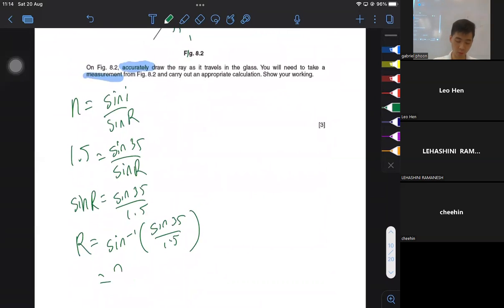Yeah, probably 22. If you press the calculator, you have gotten 22 degrees. Can someone confirm this? 22.5. Yeah, somewhere around there. Well, guys, please do your working, and then let's move on to the next part already.